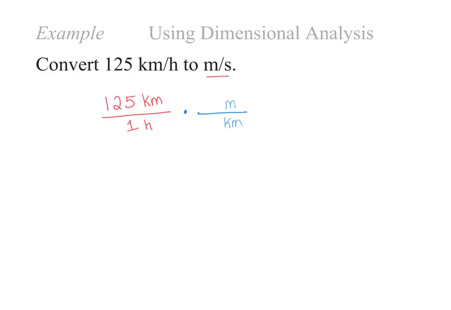We need to say, well, how many meters are in a kilometer? That is 1,000. And so that is just multiplying by 1. 1,000 meters is the same as 1 kilometer. So we've basically divided something by itself, which means we're just multiplying by 1. We're not actually changing it if we multiply by 1.